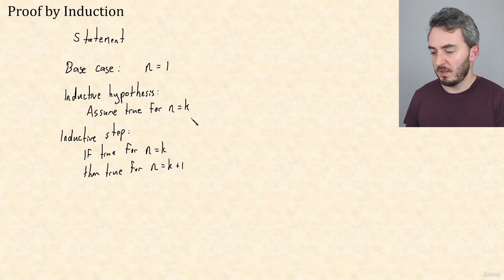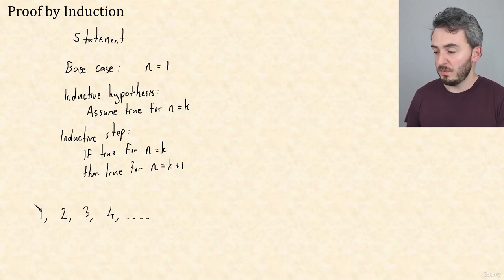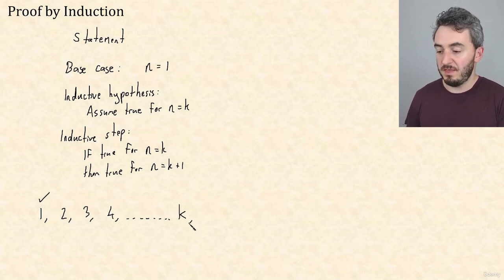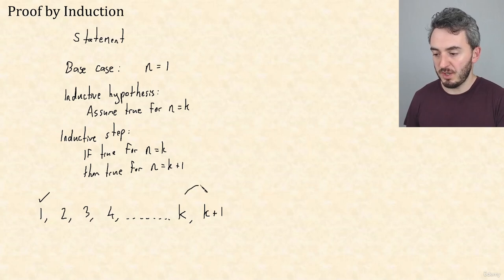Here's why. Imagine we're trying to show that it's true for 1 and 2 and 3 and 4 and so on forever. What we've done is we've shown that it's true for 1. That's the base case. And then we've shown that if it's ever true for any particular number k, then it will be true for k plus 1. So we've shown this step. So why does that prove it's true for all numbers?